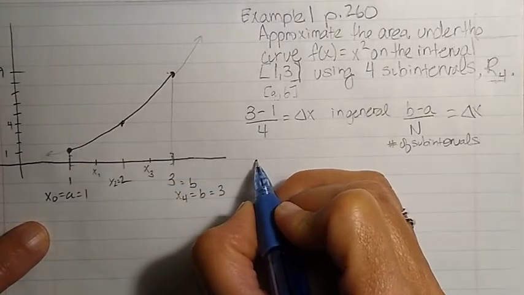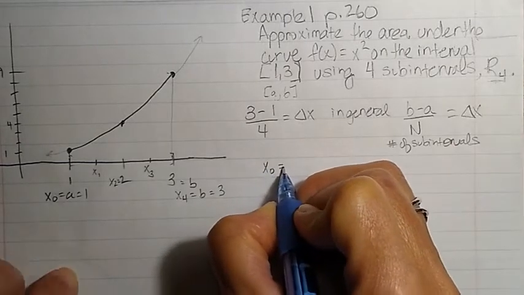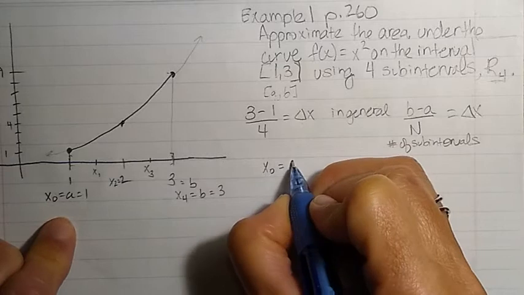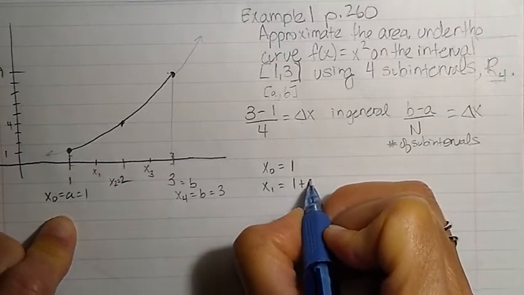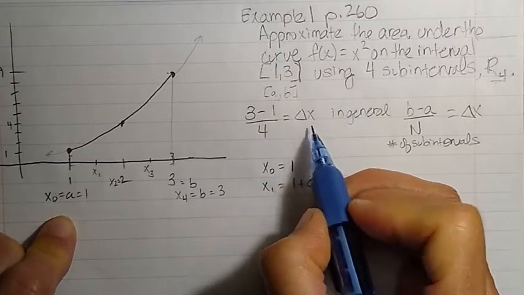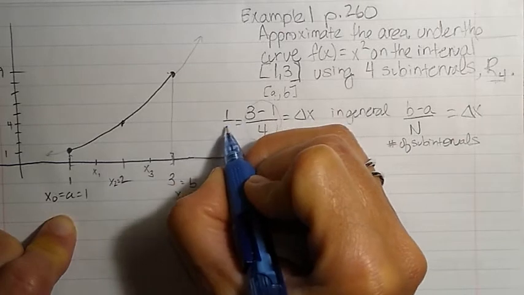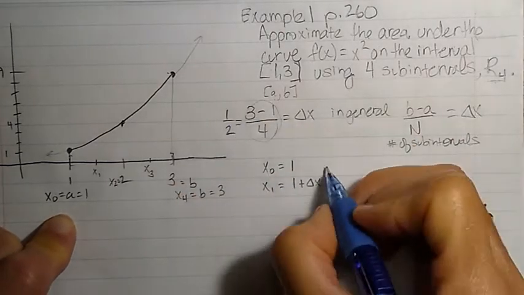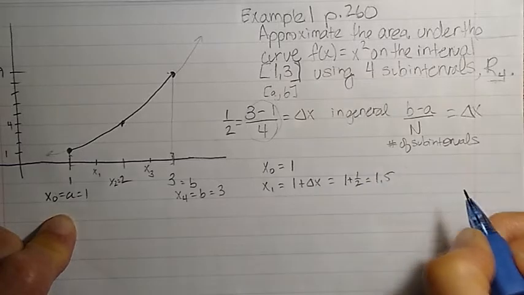So if we were to write out, and I want to write it out so we can see it, x0, the first left-hand endpoint, is 1. x1 is 1 plus that delta x, that little bit that we're adding. And you can compute that. It's just 2 over 4, which is 1/2. So that's 1 plus 1/2, 1.5, or 3/2.